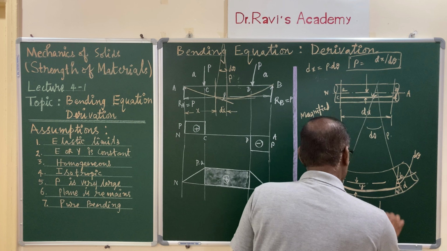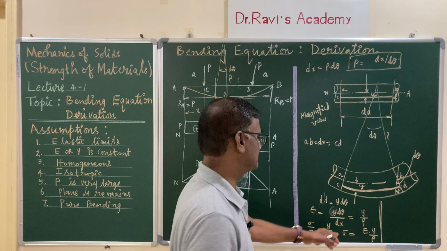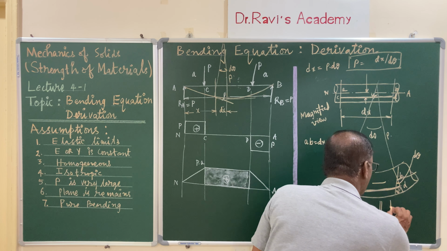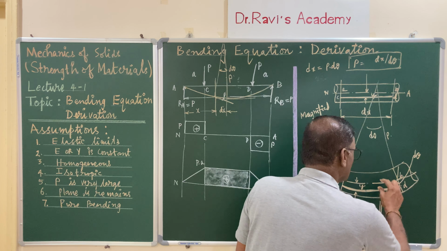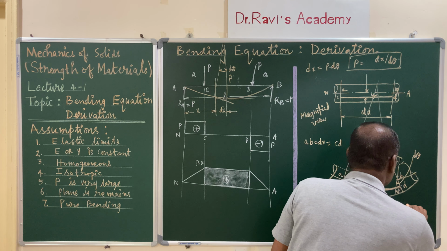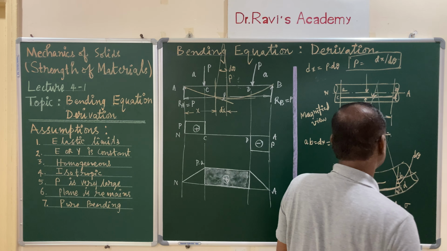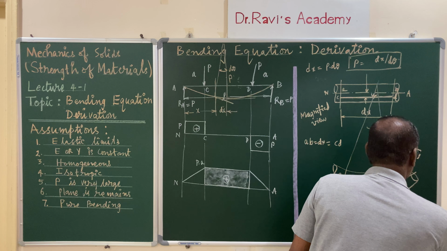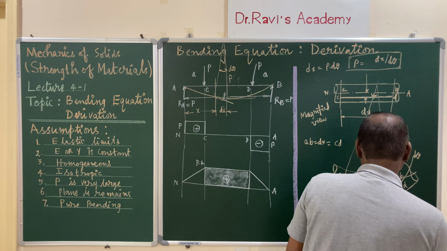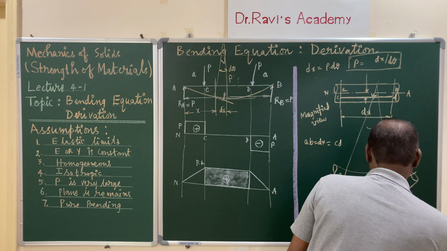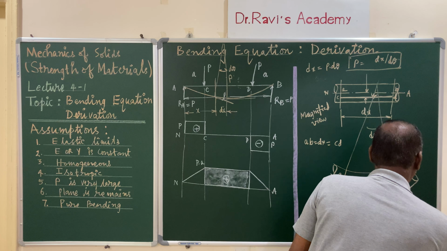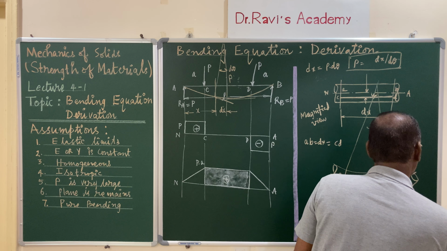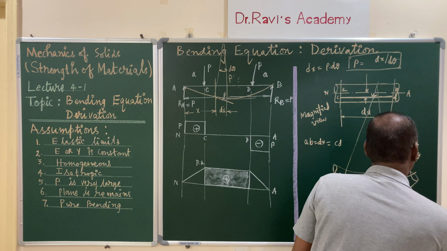Let us substitute this and write the expression for the elemental moment, that is dM. dM is equal to the force, that is sigma into the elemental area dA, but sigma is E into y by rho, into dA, and it is at a distance y.